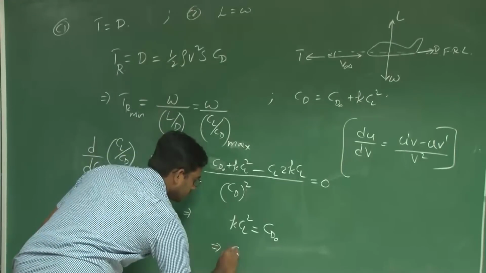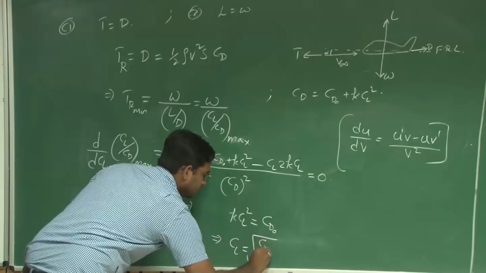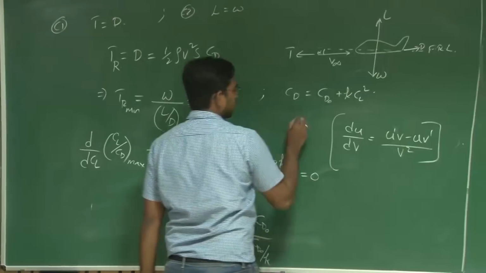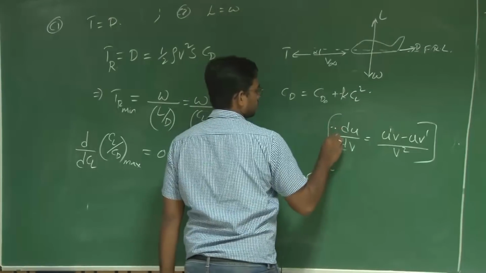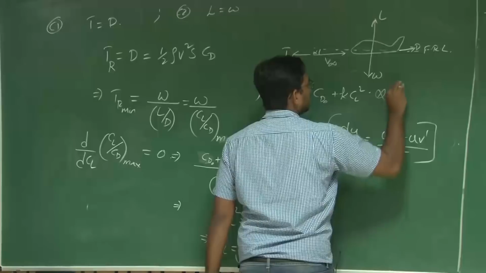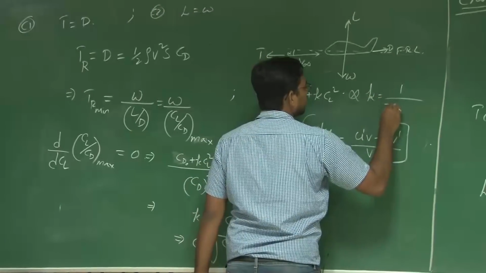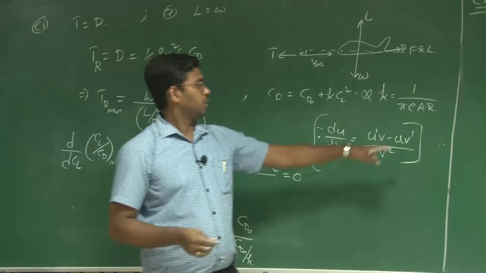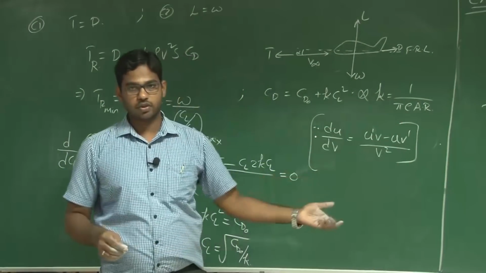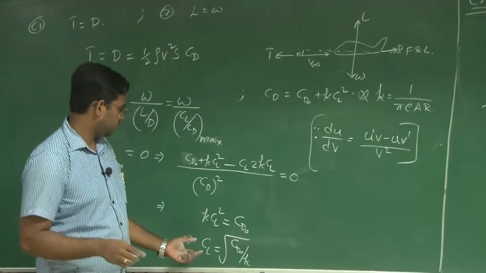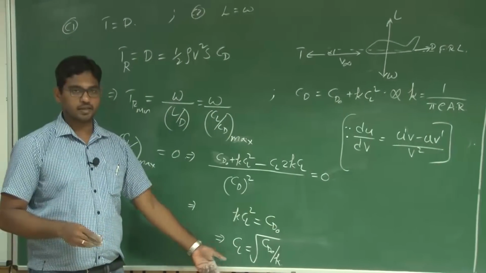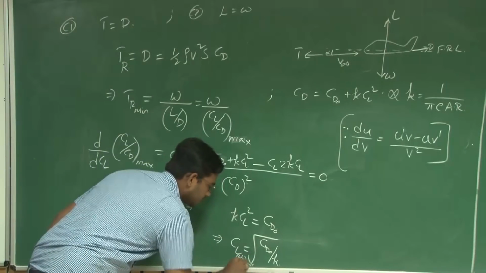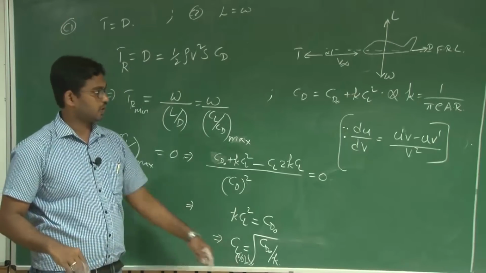This implies CL is equal to root over CD naught by K, where K is equal to 1 by pi E AR. You know how to calculate aspect ratio, and you need to know the Oswald efficiency of this UAV. Then you will be able to find the corresponding CL condition for L by D maximum, or CL by CD maximum condition. This is the CL condition.